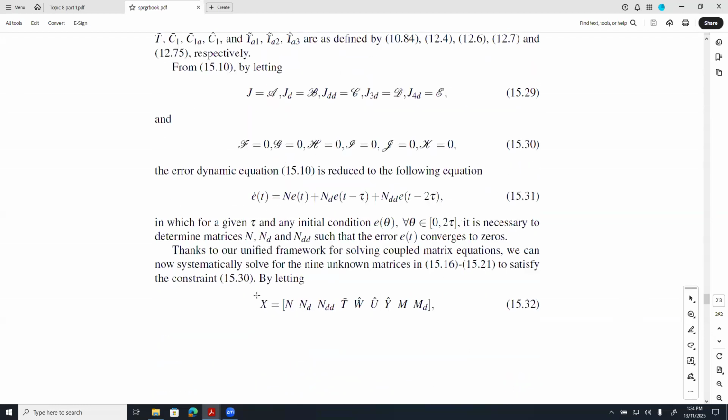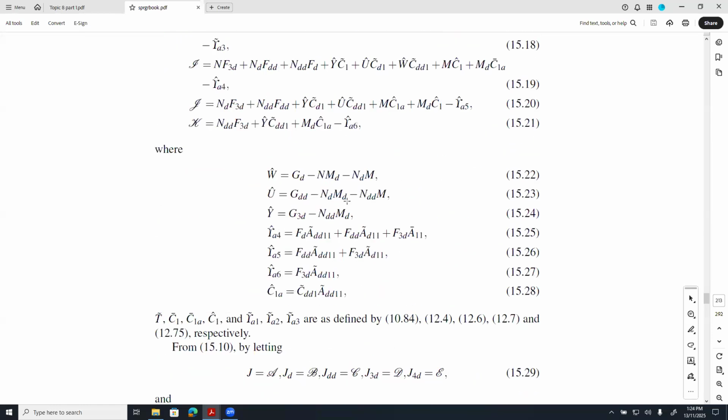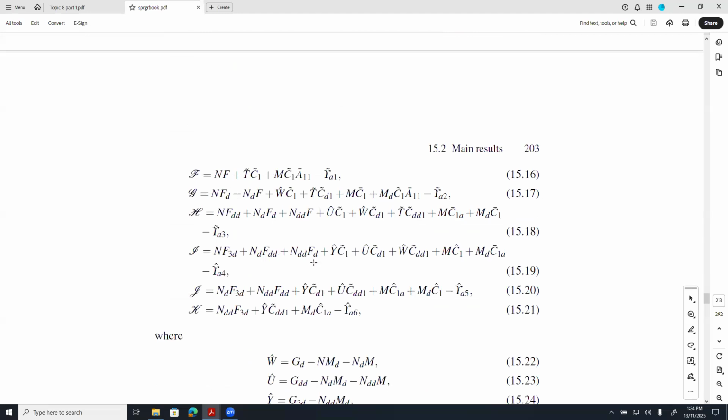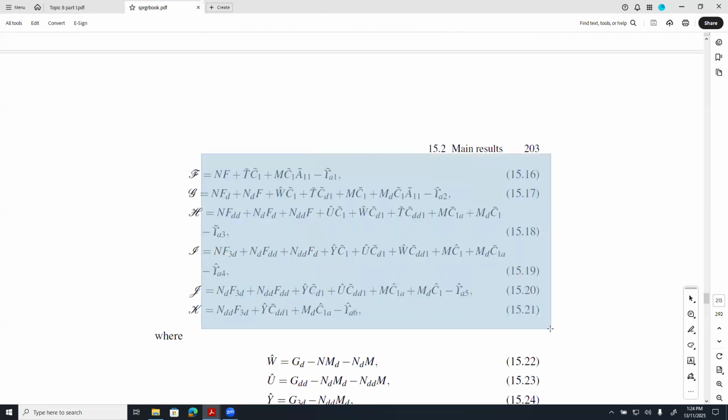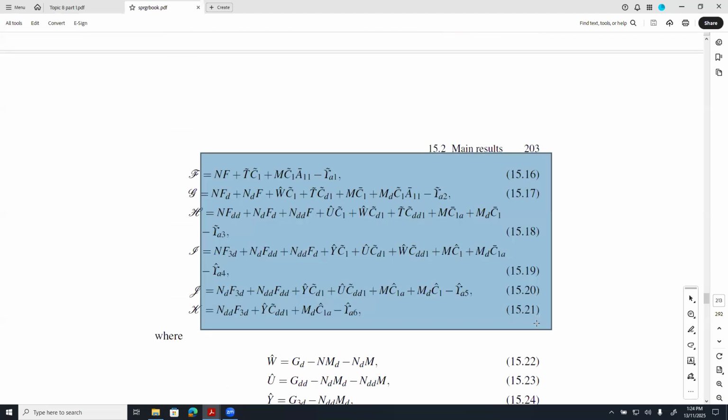We have 1, 2, 3, 4, 5, 6, 7, 8, 9 unknown matrices, and we stack those 6 coupled matrix equations into an augmented form, just like what we used to do in our previous discussions.